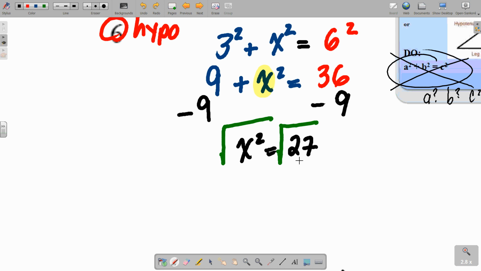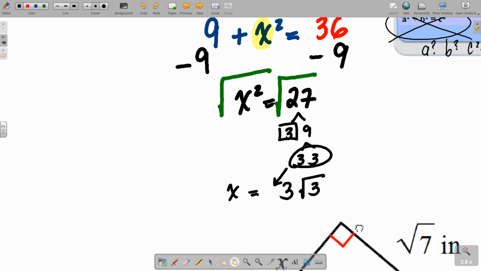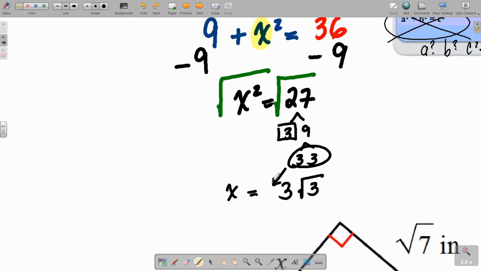So when we square root 27, we're going to factor. The 3 has a date, so it's going to come out. This 3, no date, stays home. Our final answer for this is going to be 3 root 3.